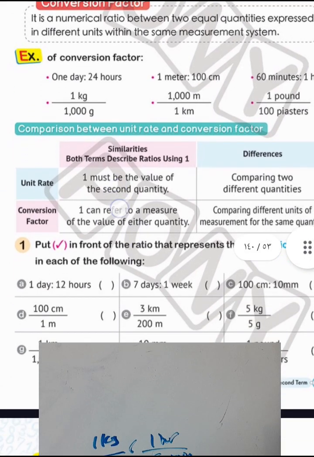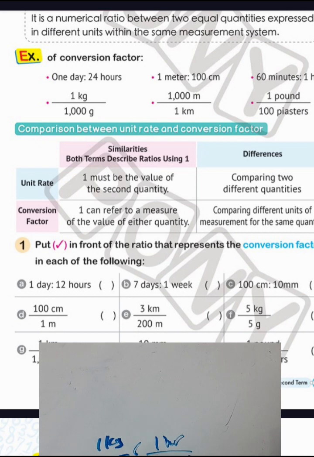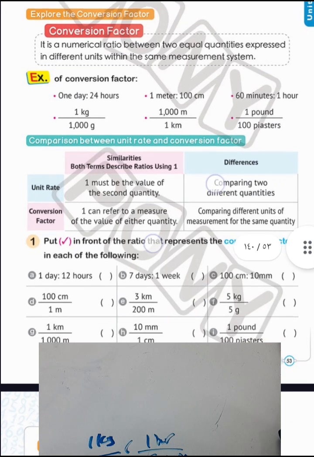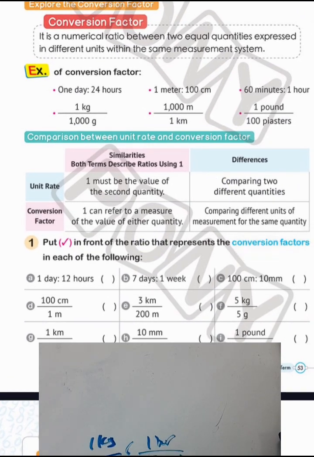The difference between them: unit rate compares two different quantities, and conversion factor compares different units of measuring for the same quantity, because the numerator will be equivalent to the denominator in the result.